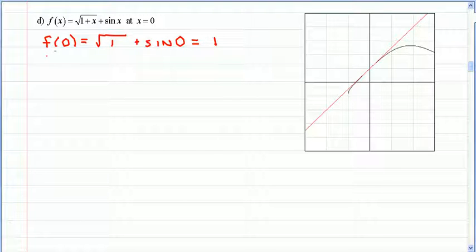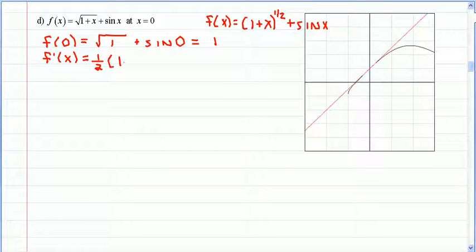And then when we find f prime of x, I want to rewrite f of x as (1 plus x) to the 1/2 plus sine x, so that f prime of x is equal to 1/2 times (1 plus x) to the -1/2 plus cosine x.